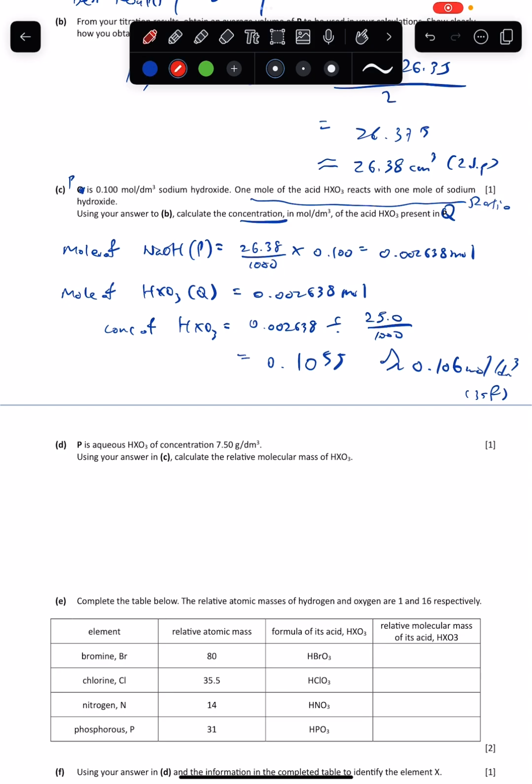I should actually give 1 mark for here and 1 mark for here, so this one should be 2 marks.